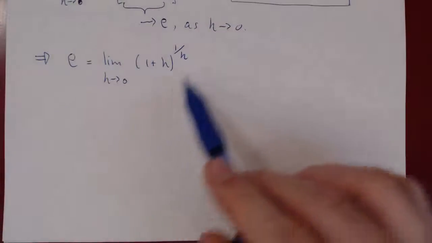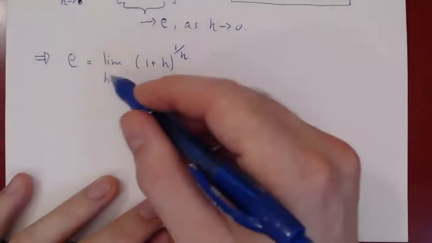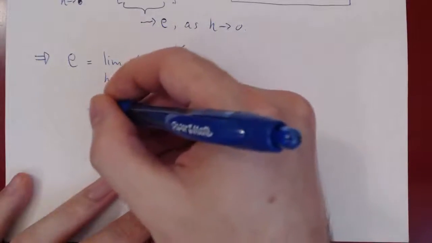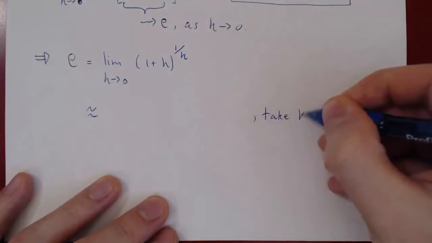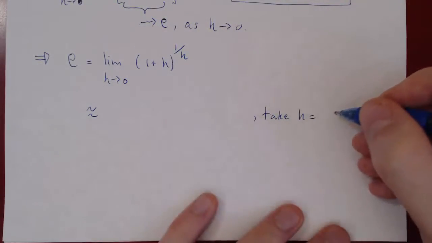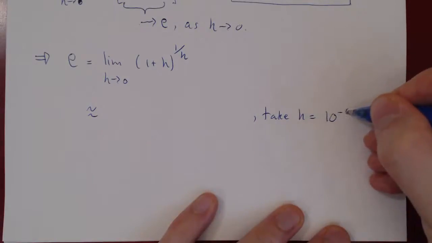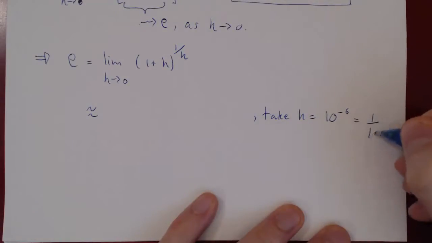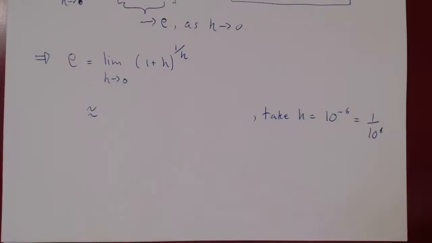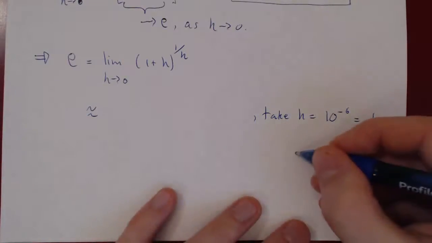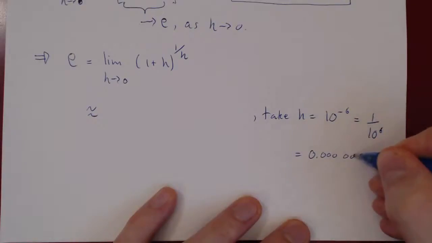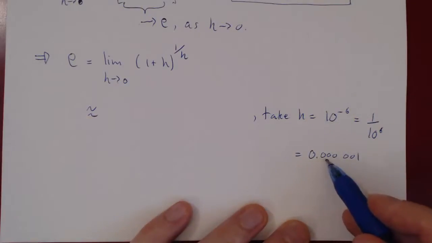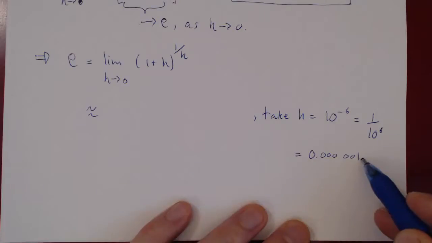If we want to estimate this limit, let's just take a very small value of h and we'll have an approximation. So if we take, say, h to be 10 to the minus 6, if you prefer, that's 1 over a million. Now this is very small. That's also, if you want, 0.000001, right? 1, 2, 3, 4, 5.